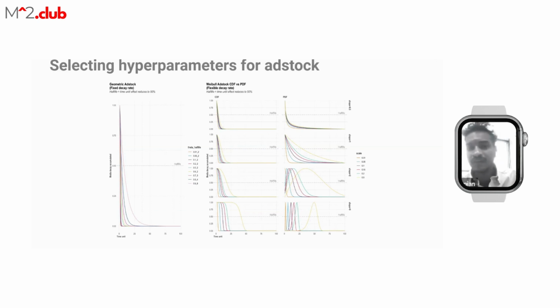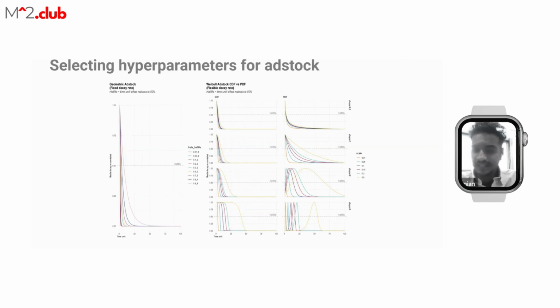But in case of variable PDF, maybe for some channels, as soon as the ad is shown, it is not going to probably have an effect. The effect would be built over time. For such kind of media, we can probably go for variable PDF, which is the third one.